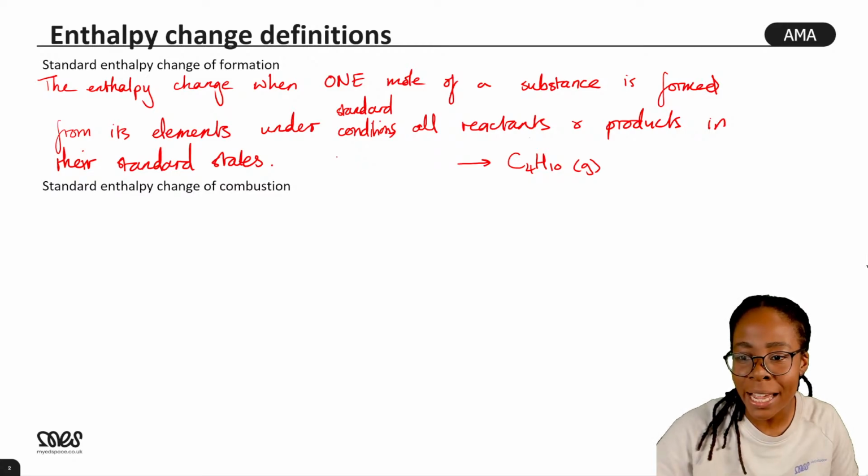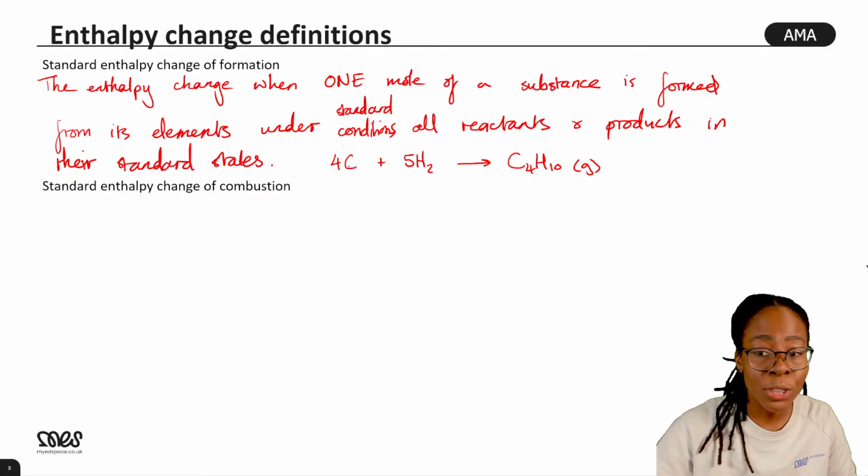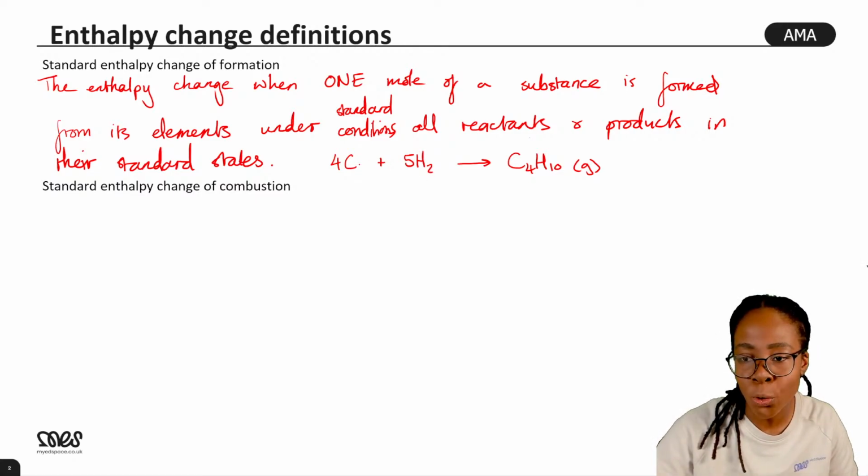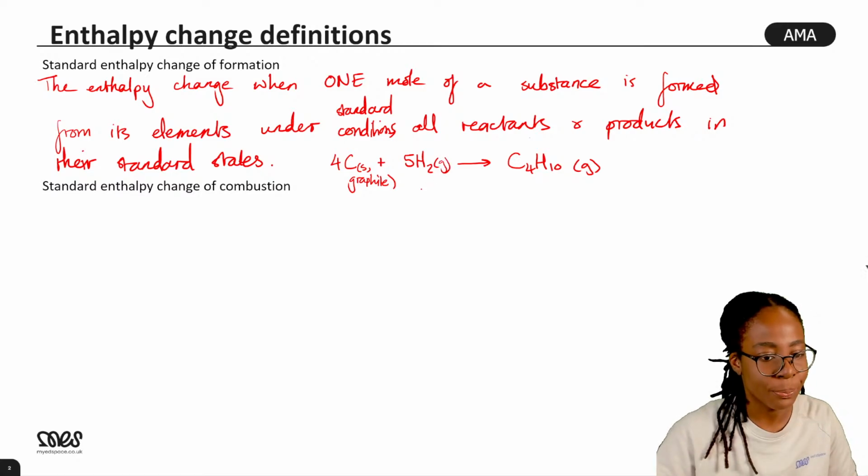That would be formed from its elements, so 4 lots of carbon and 5 lots of hydrogen, making sure that we've got their standard state. So for carbon, the standard state is solid, but more specifically solid graphite. And then for hydrogen, that would be gas.